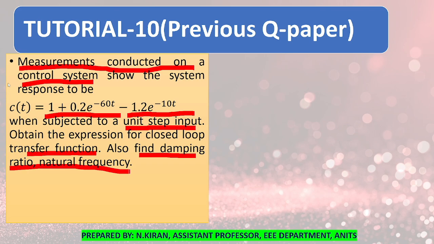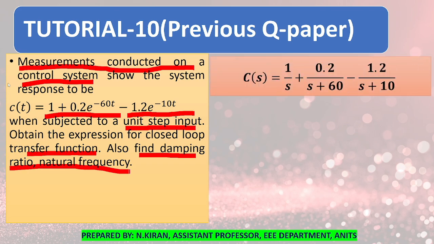Since we know the expression of the output response in time domain, apply Laplace on both sides. So c of t becomes C of s. Laplace transform of 1 is 1 by s. Laplace transform of e power minus at is 1 by s plus a.